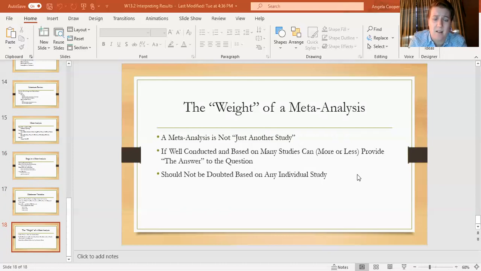So it shouldn't be doubted based on an individual study with meta-analysis, because it is all of the studies. You can't just say, oh, it's just one study and we're done. Oh, I don't know. Is there a type 1 or a type 2 error? Well, you have all of the studies there. So that's my brief lecture on meta-analysis and interpreting results. So keep in mind, looking at one article, there's always that possibility of an error, be it type 1 or type 2.